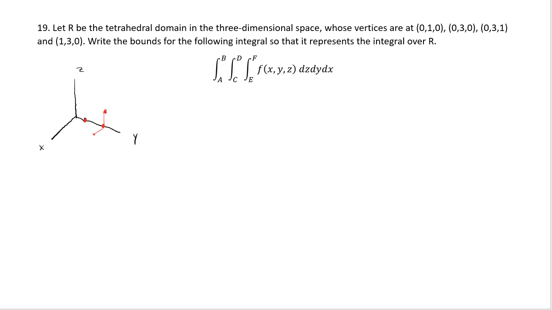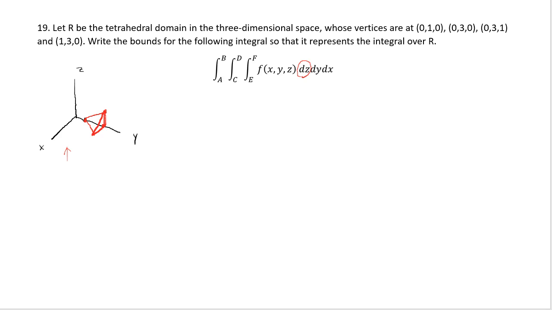So you have this right triangle. Okay, good. All right, so this is what you're trying to integrate over. And because you have dz inside, you're increasing up. So you have to figure out what's the bottom surface of this tetrahedron and what's the top surface of this tetrahedron.